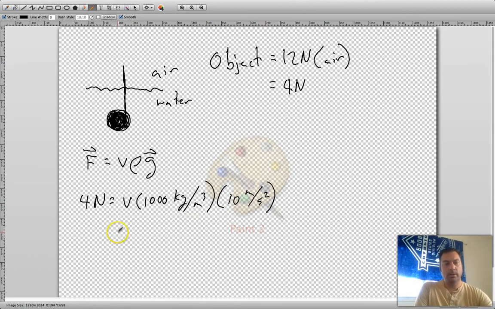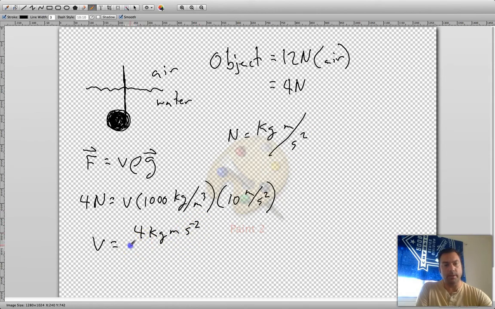Cool. All right, so we can rewrite this. Volume is going to equal 4. Now you notice that it's newtons. Remember what a newton is equal to? Newtons equal kilogram meters per second squared. So we have 4 kilogram meters per second squared. You can also write seconds squared in the denominator by putting it as a -2, which puts it underneath.